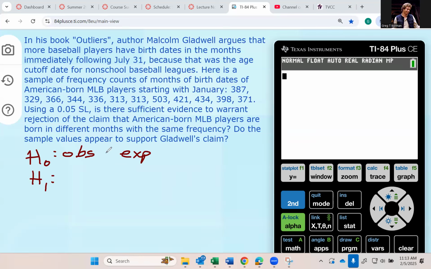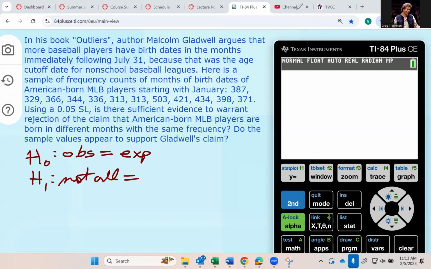Okay, and the null hypothesis is going to be the observed values are equal to the expected values, or close enough. Okay. So the H1, the alternative hypothesis, is just going to be not all of them are equal. Okay. All righty. So what do we do?